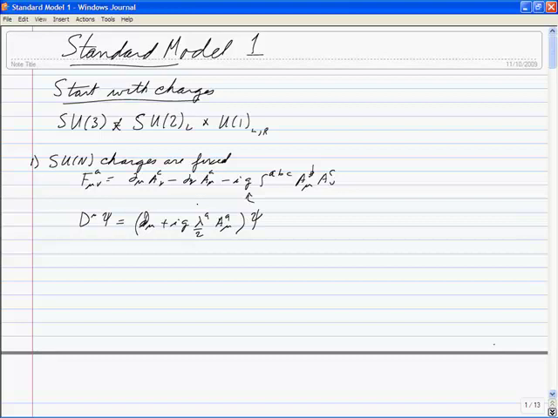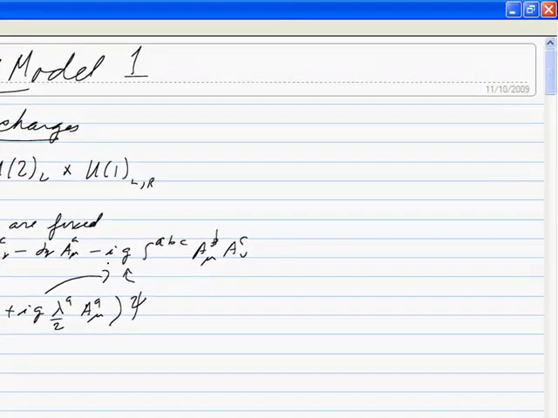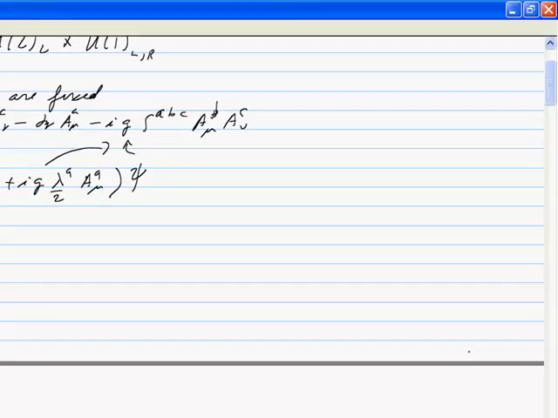So those two g's have to be the same, and you can't have a quark with charge 2 if you want. But the U(1) charges are not fixed.